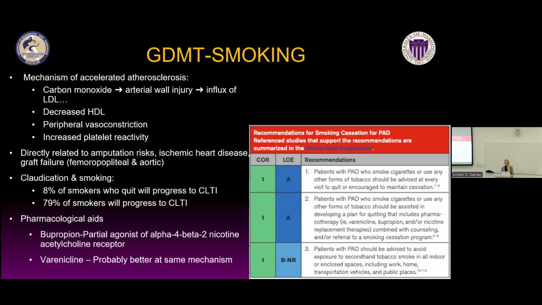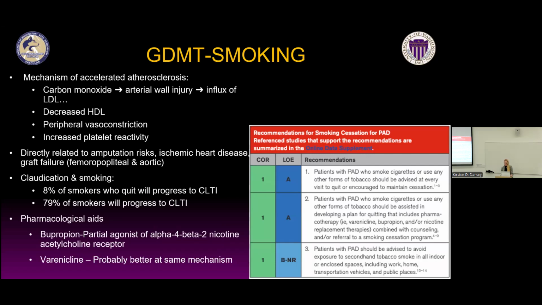The mechanism of accelerated atherosclerosis from smoking: you have carbon monoxide that causes arterial wall injury, causing an influx of LDL with a concomitant decrease in HDL. You get peripheral vasoconstriction as well as an increase in platelet reactivity. Patients with PAD who smoke and undergo revascularization are 3 times more likely to experience revascularization failure than non-smokers.